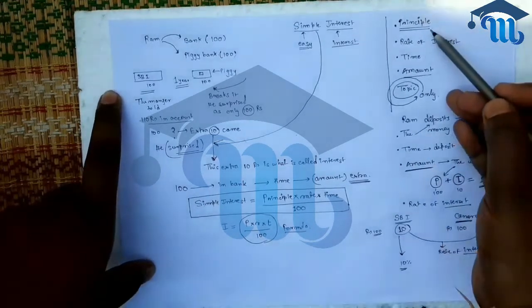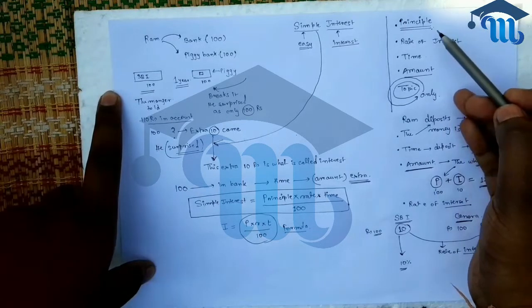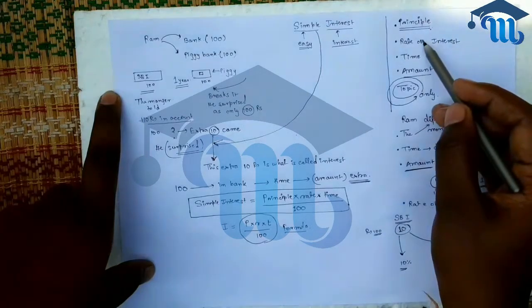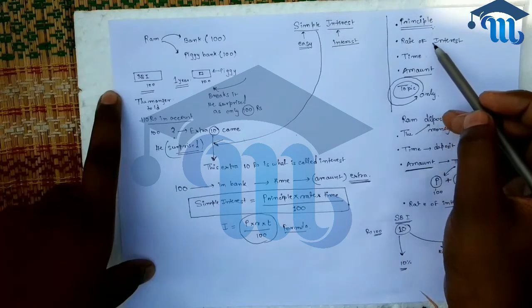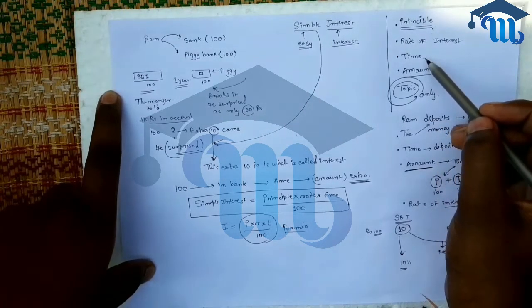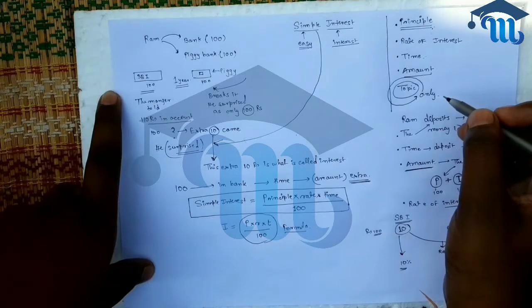Principal is the money which was deposited by you in the bank at first. Rate of interest is the interest which the bank manager tells you. Time is the period for which the money was in the bank, and the amount is the money you will get as a whole.